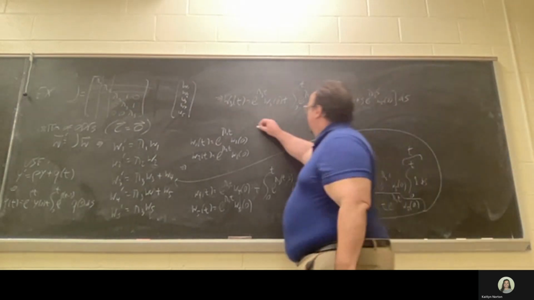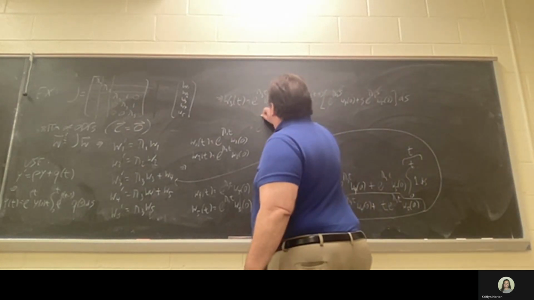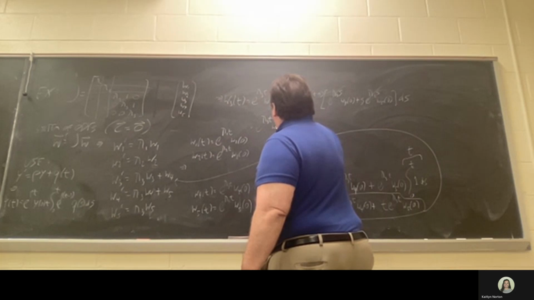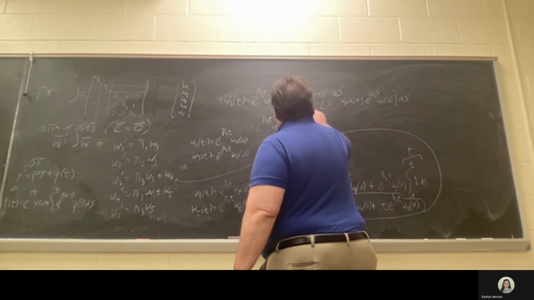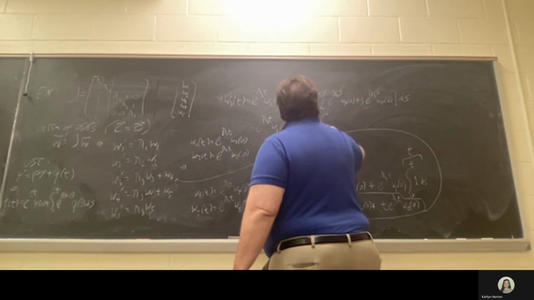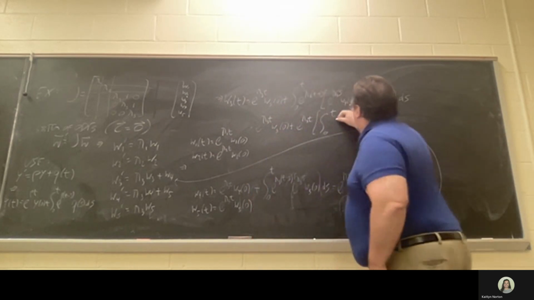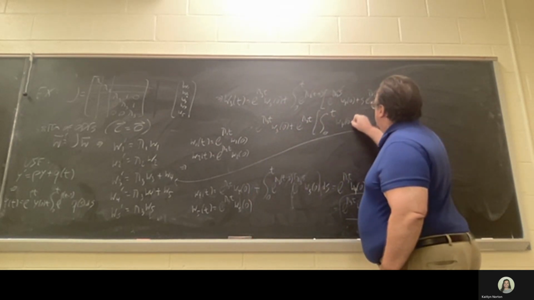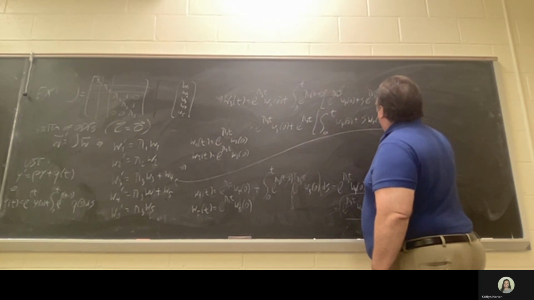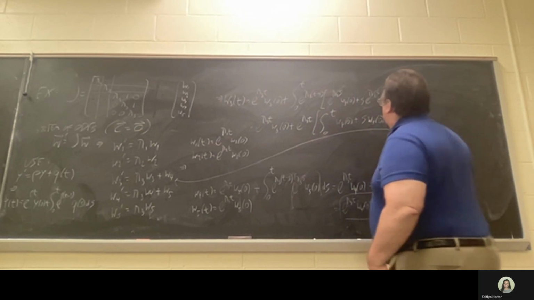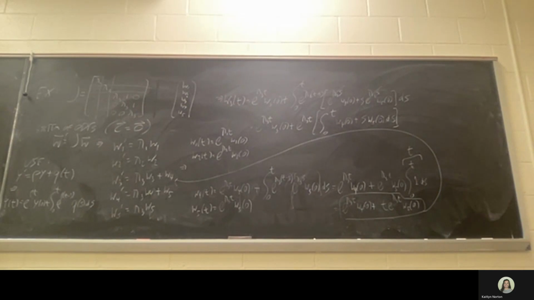I'll just write down what that turns out to be: e to the lambda 3t I'll pull out, but everything else remains. So now there's a little bit more to do than before.